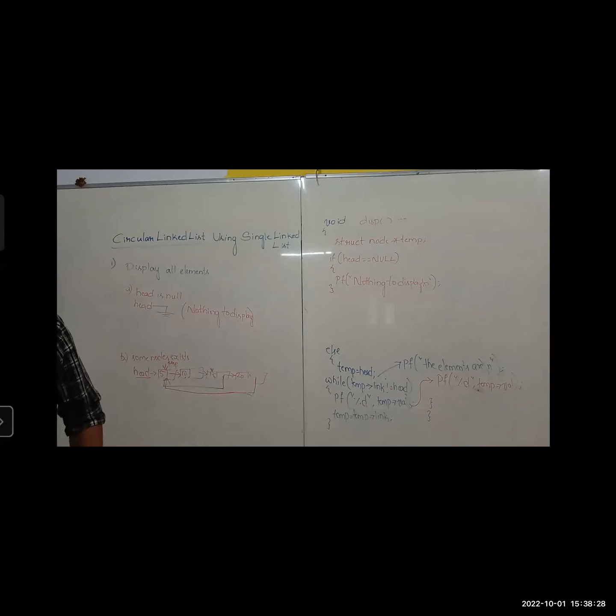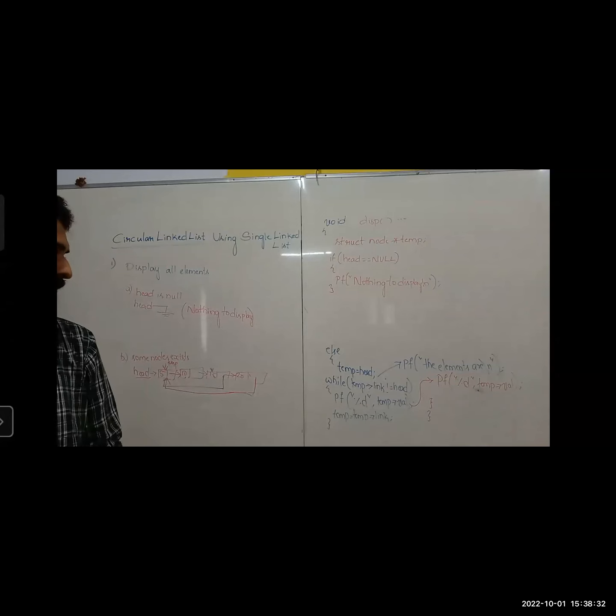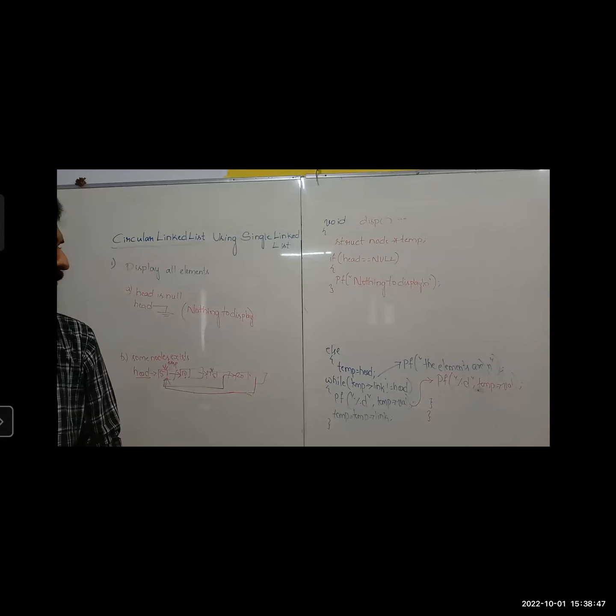Another printf statement will be at the last or before the while? The printf statement that you have written now, will be after the while loop. There is only one while loop, right?